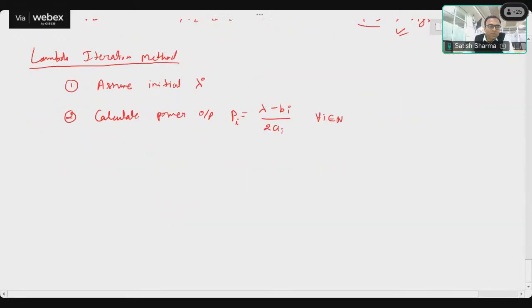Once I have calculated this, I will try to enforce the limits, so I will check for minimum and maximum limits.